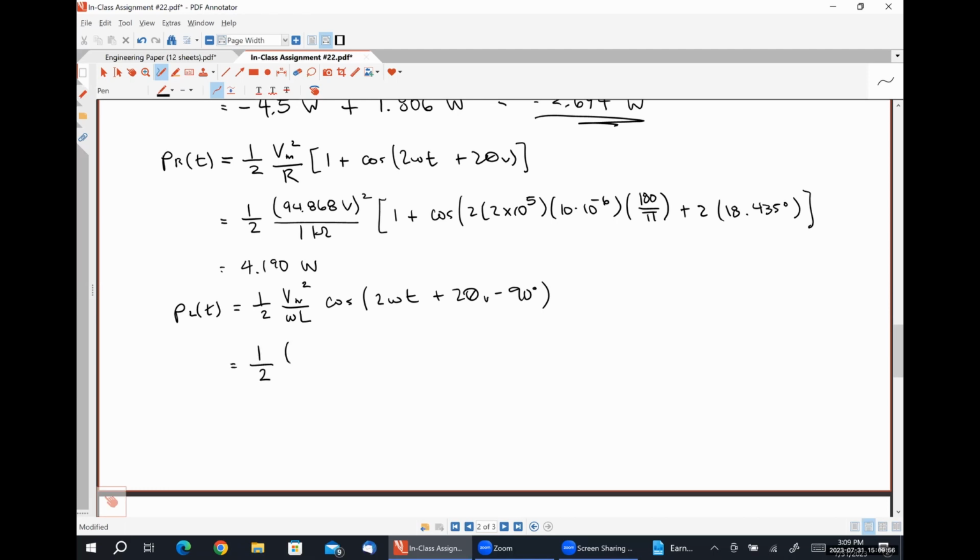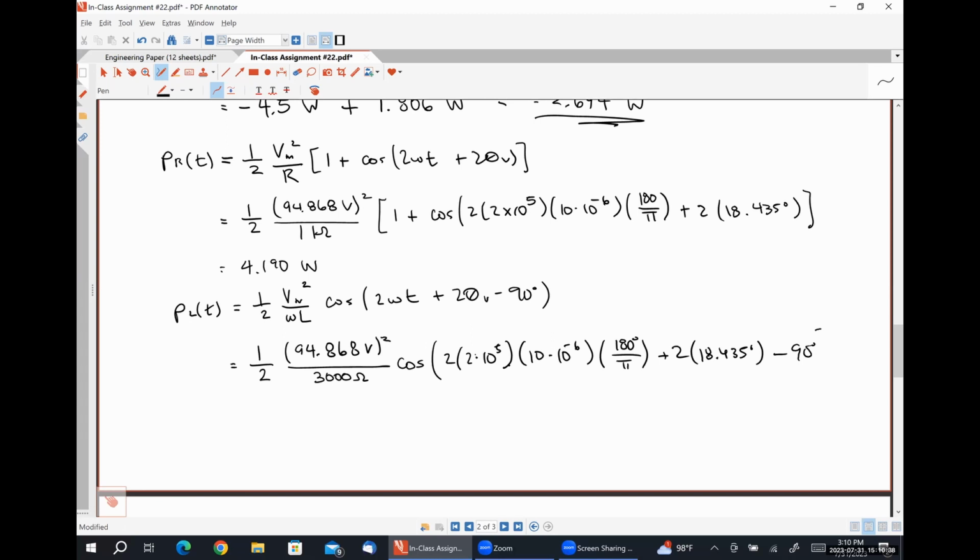That's going to look like 1/2 times 94.868 volts squared divided by omega L, which was 3,000 ohms, times the cosine of 2 times 10 to the 5, 10 times 10 to the minus 6, 180 over pi plus twice 18.435 minus 90 degrees.